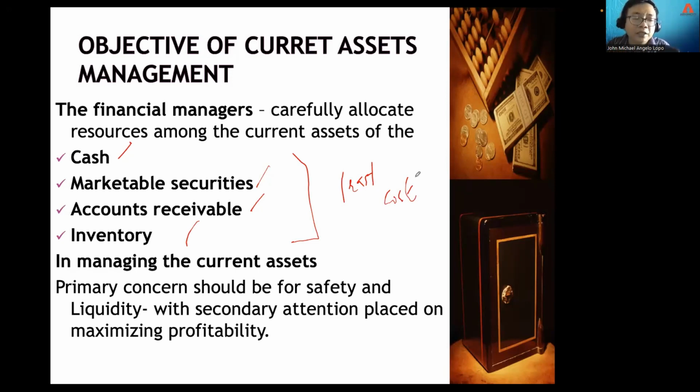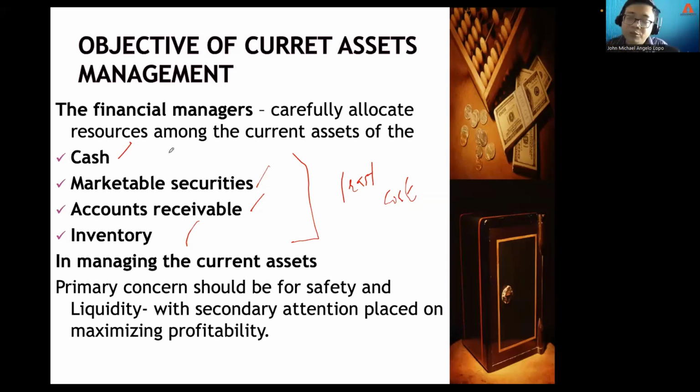In managing your current assets, your primary concern is liquidity, safety and liquidity, and the secondary concern is to maximize profit. For least cost in cash, you use lockbox systems, compensating balances, and float, so that we have the least cost.